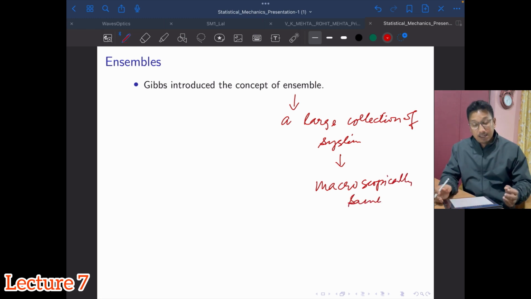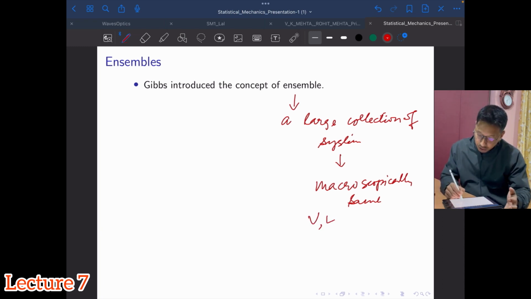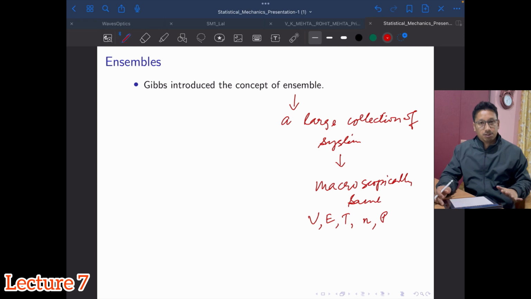Macroscopically the same, in what sense? Its volume, its energy, temperature, number of particles, pressure, all these things are macroscopic properties of the system. These are the same across all the systems.